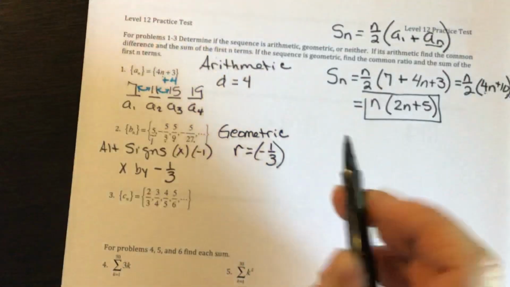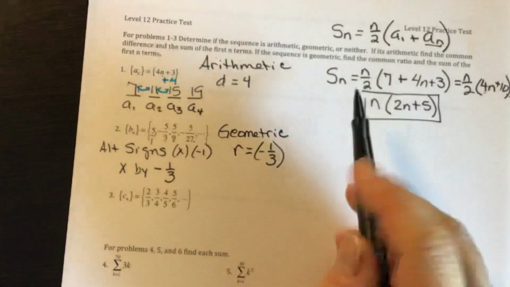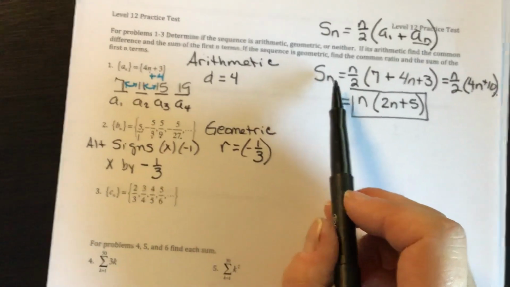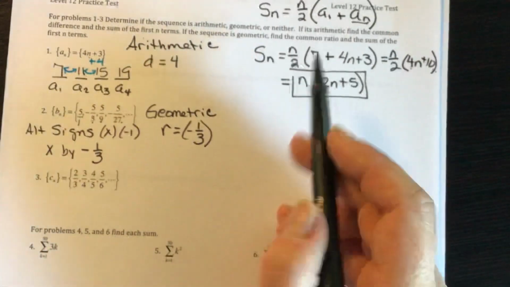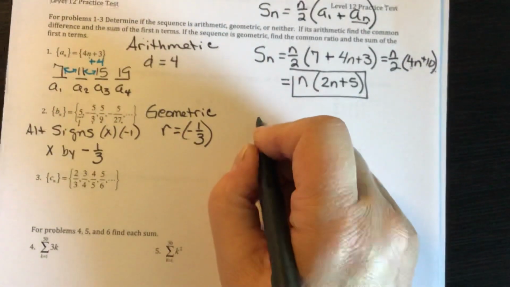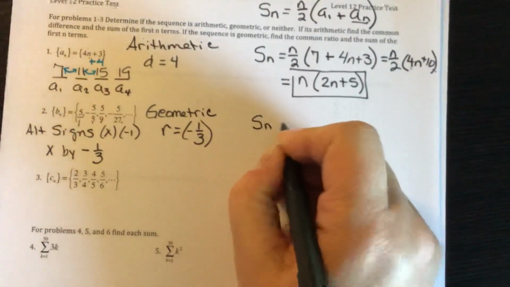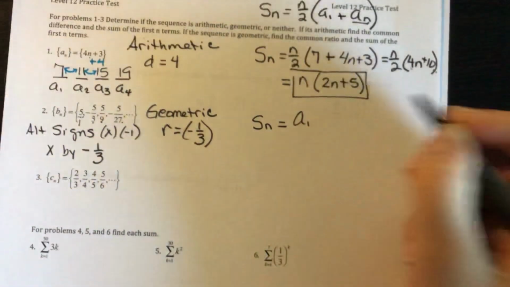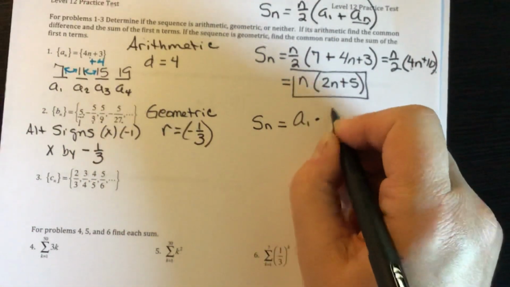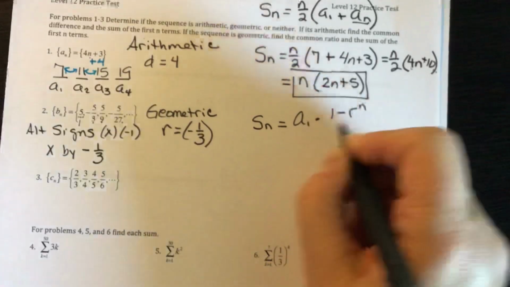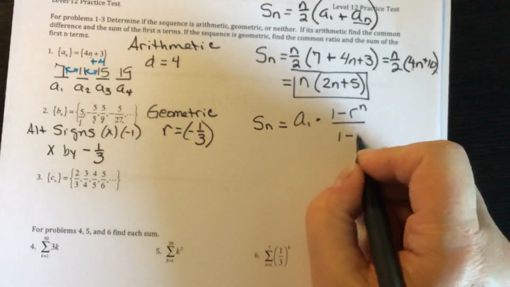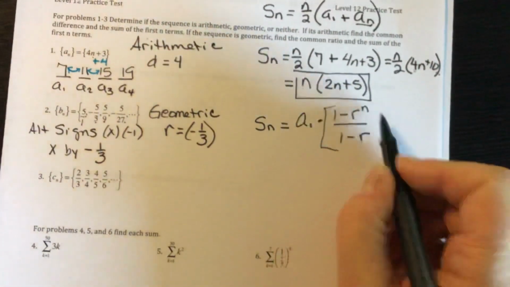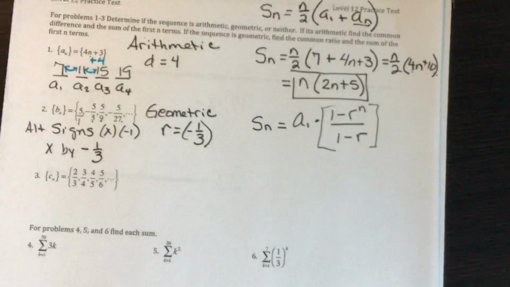And now I need to find the sum of the first n terms. Looking back at my formulas, I'm going to use the sum of the first n terms equals the first term times 1 minus r to the n over 1 minus r. So the first term is multiplied by all of this.